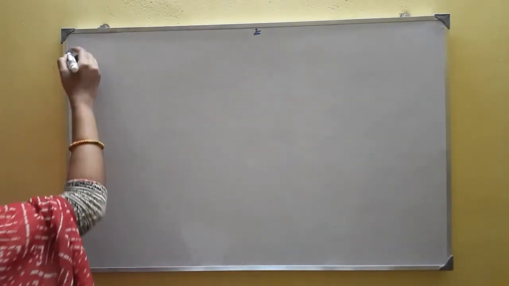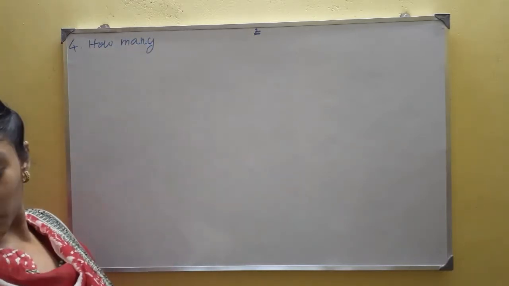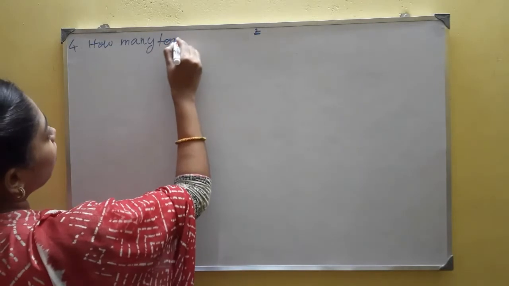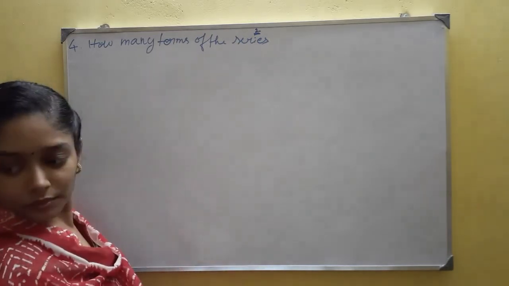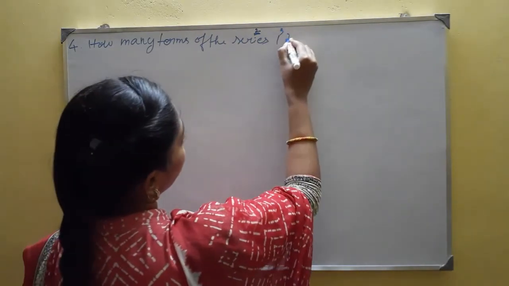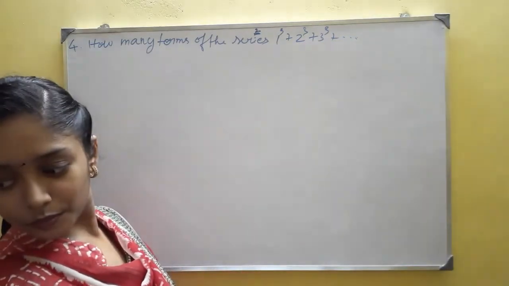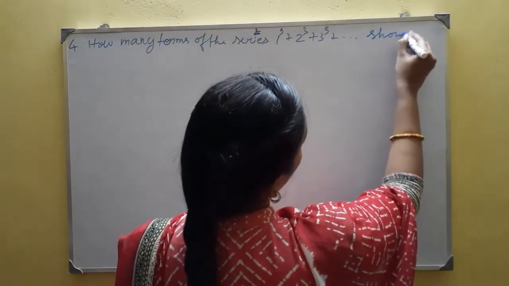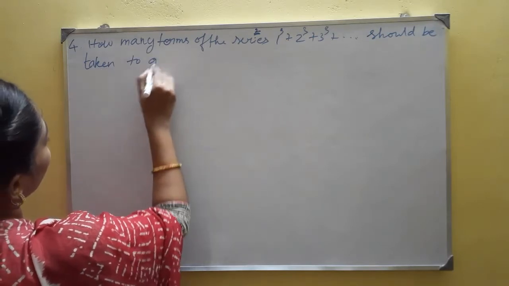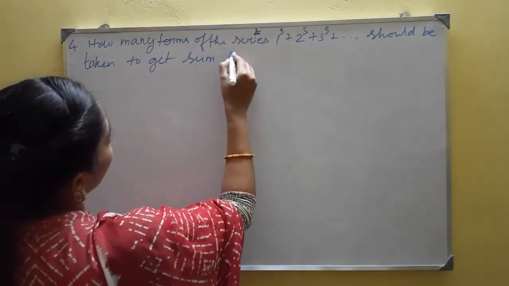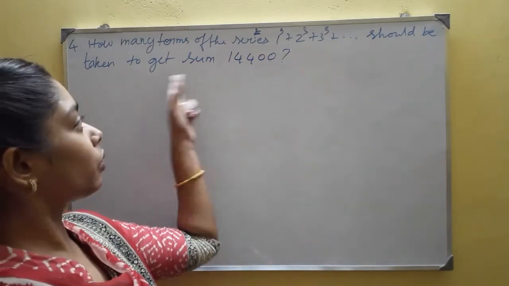Now fourth problem. How many terms of the series 1 cube plus 2 cube plus 3 cube goes on up to should be taken to get the sum 14400?